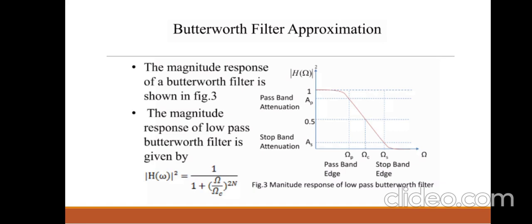So the Butterworth low-pass filter magnitude response can be formulated as we can see in the formula: mod of H(Ω) squared is equal to 1 upon 1 plus (Ω by Ωc) whole power 2N, where N is the order of the filter, Ωc is the cutoff frequency.